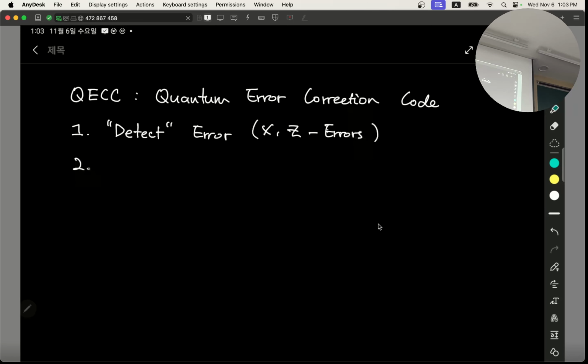But the second is more important. We don't want to change the state. Even if we know that an X or Z error occurred, if we measure it, the state collapses. It's ruined. We want our quantum state to be intact, so we preserve the quantum state.